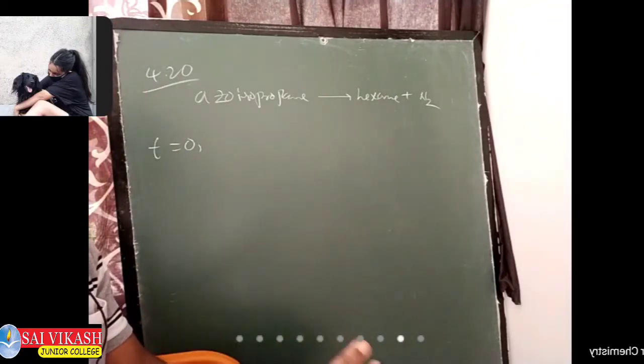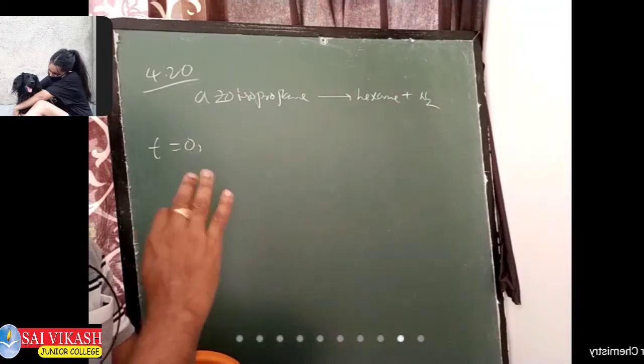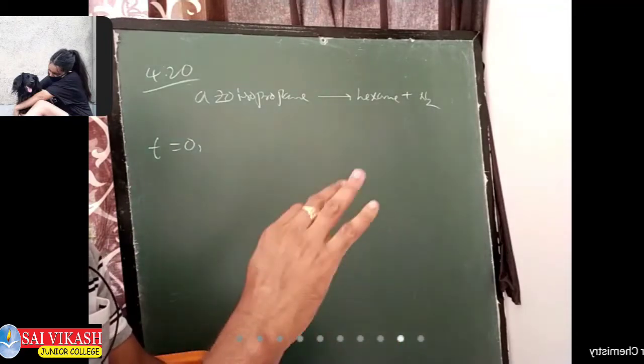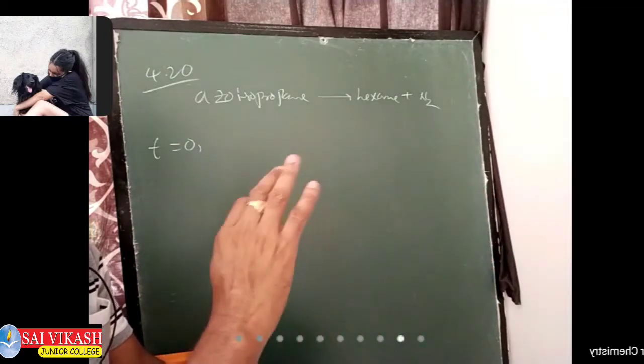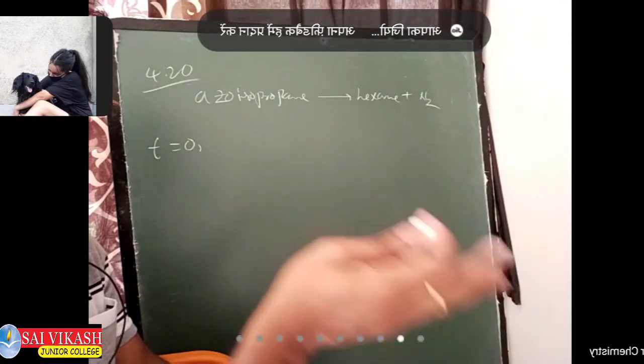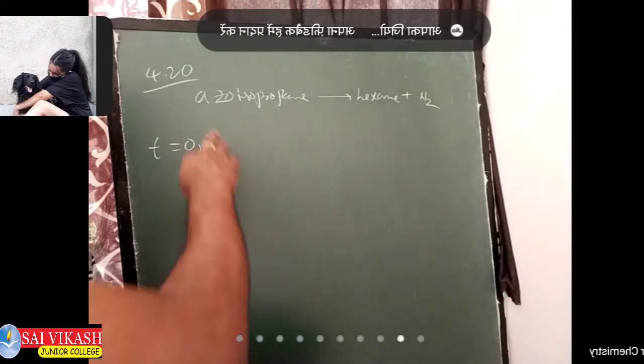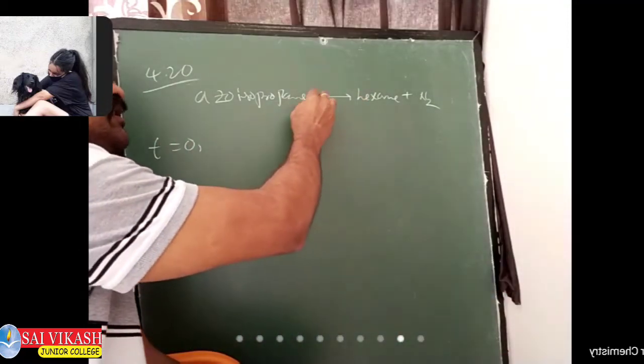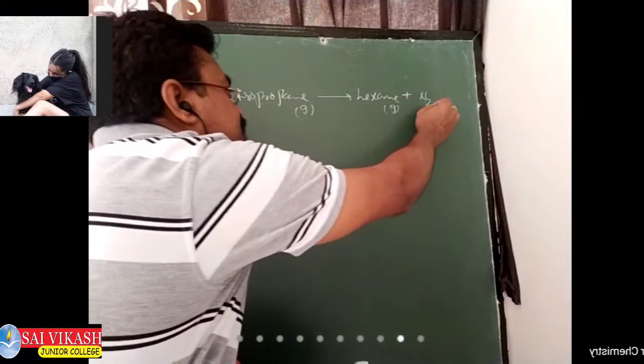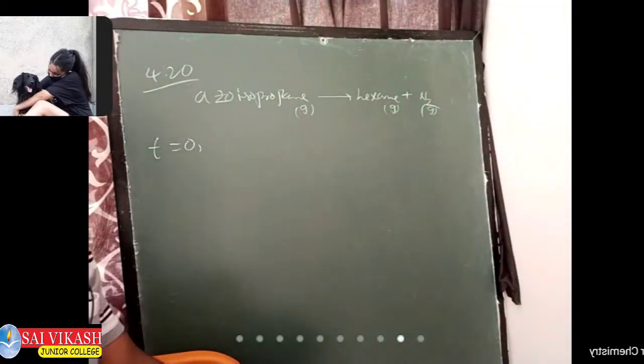Here the pressure is given. I already told you, in the integrated rate equations you can substitute the pressures also. Not only can the rate be measured in terms of concentrations, the rate can also be measured in terms of partial pressures. So they have given gases here. That means pressures are given, so all these are gases.